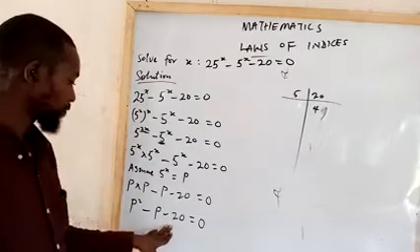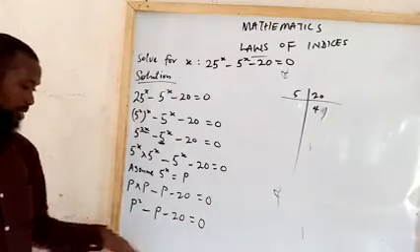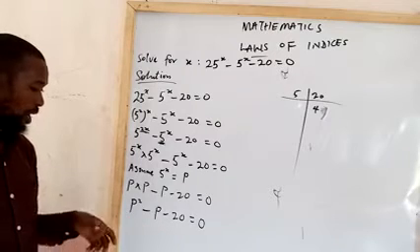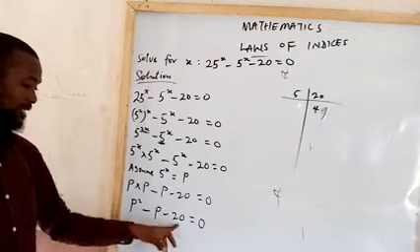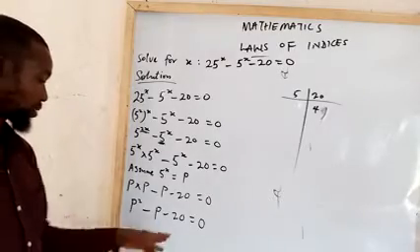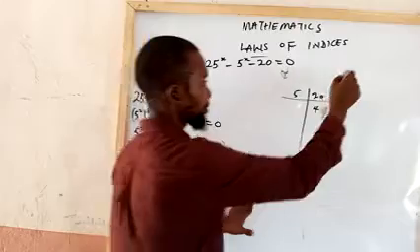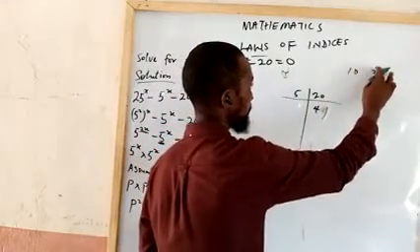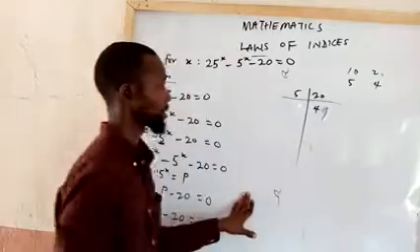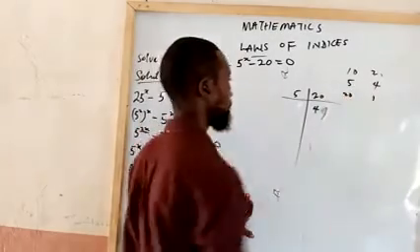Factors of 20, in short, simply means any two numbers that will multiply together to give this 20. So let's think of those two numbers that we can combine to get 20. I can say 10 times 2 is 20, 5 times 4 is 20. Then also I can say 20 times 1 is 20.